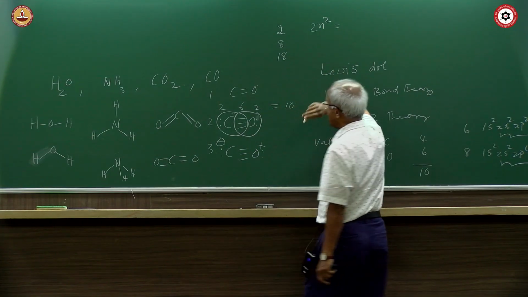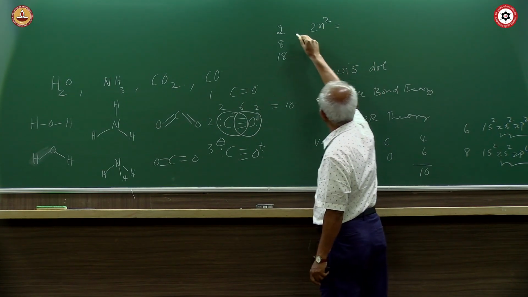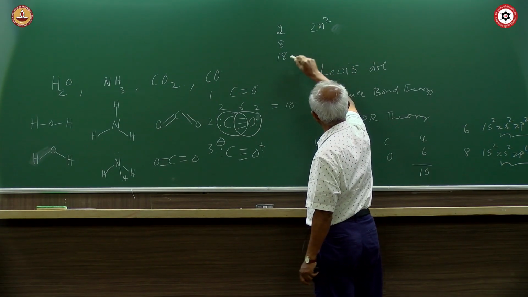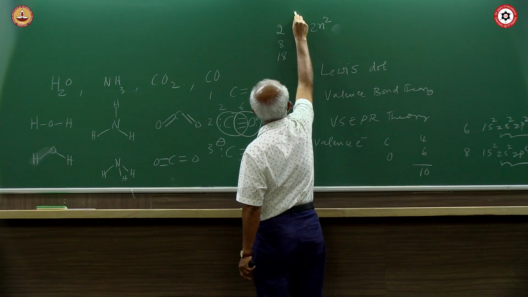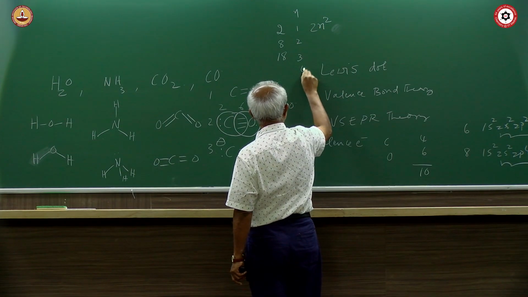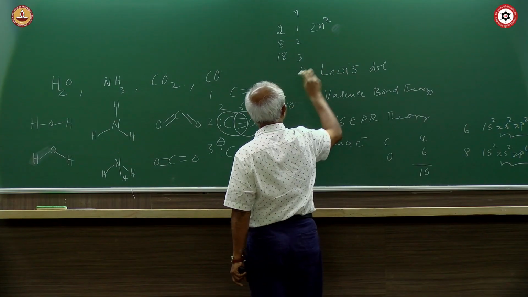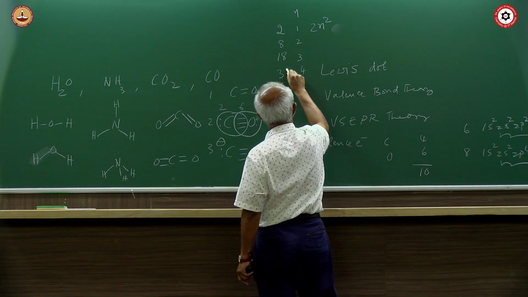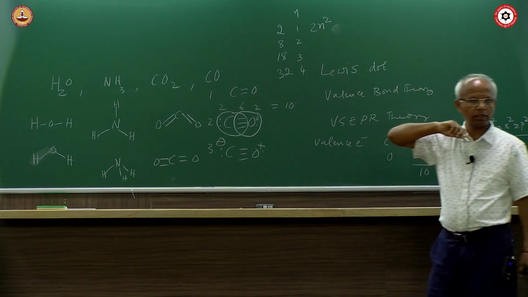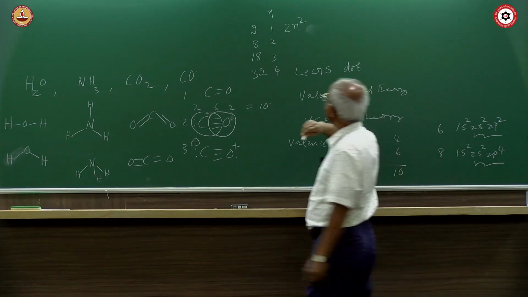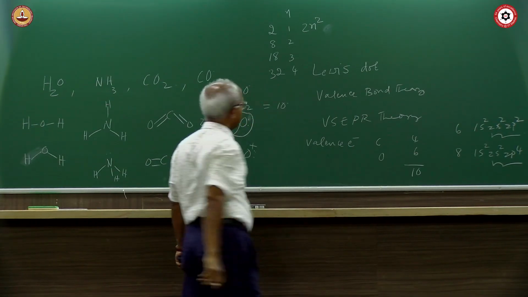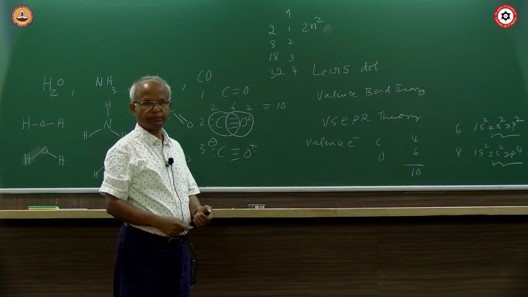So, n is equal to 1 corresponds to 2. When n is equal to 2, 8; n is 1, 2, 3, then for 4, how much will it be? Correct? Yeah. So, which is an example of a molecule containing only 2 electrons?